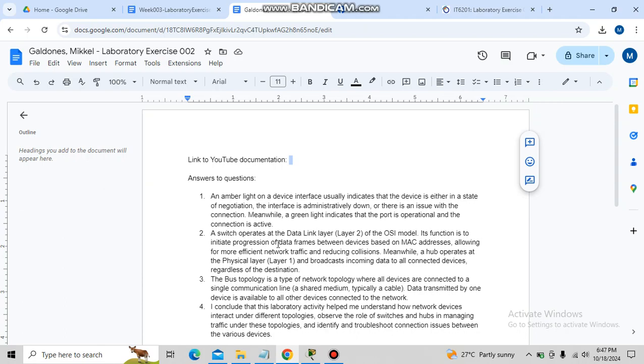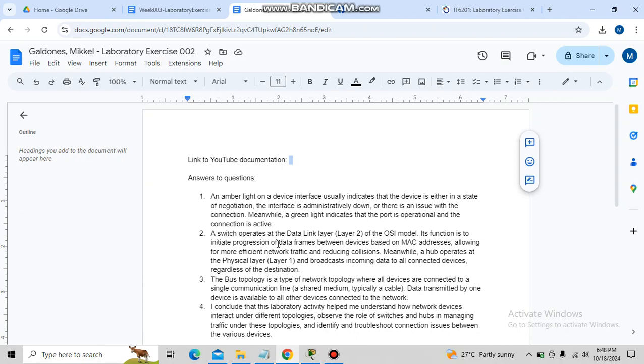So what happens there is that there are more collisions of data frames, and as a result, some network traffic. So we're done with question number two.